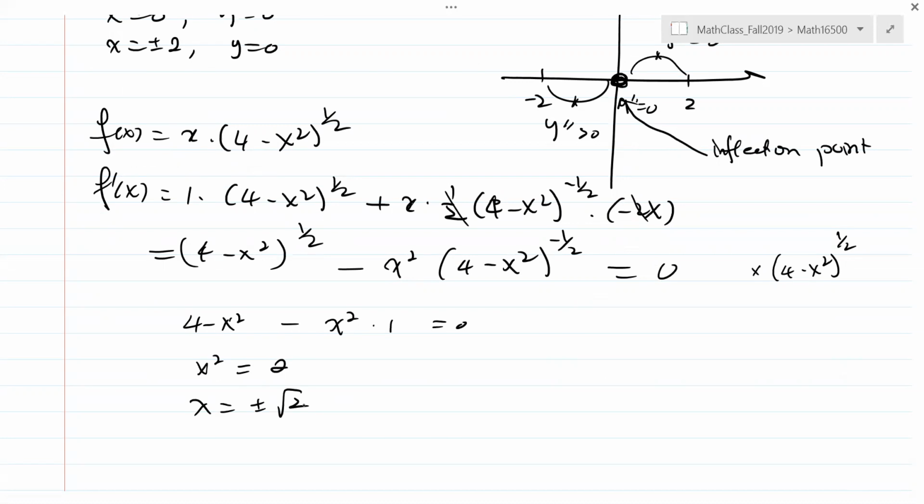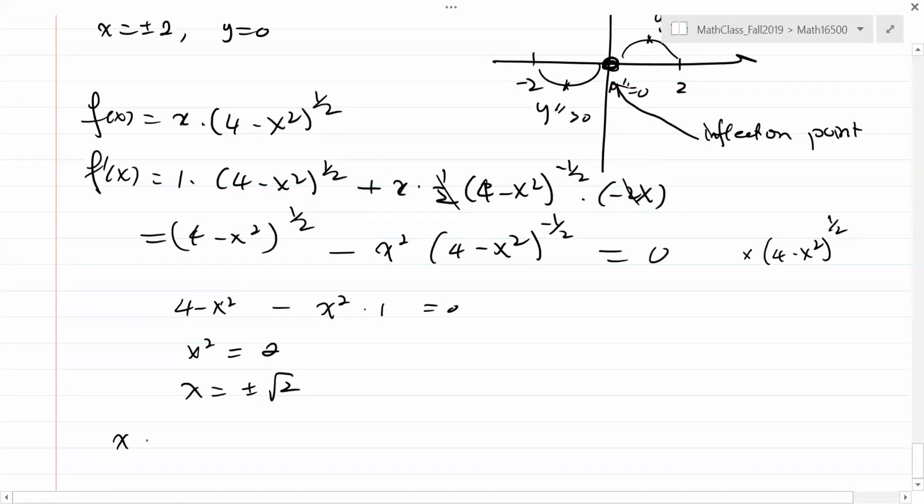Okay, when x is equal to plus minus square root 2, the y value is a plus minus, right? Let's look at the y value. When x equals positive square root 2, the y value is square root 2 times (4 minus square root 2 squared) to the 1/2. It's going to be square root 2.